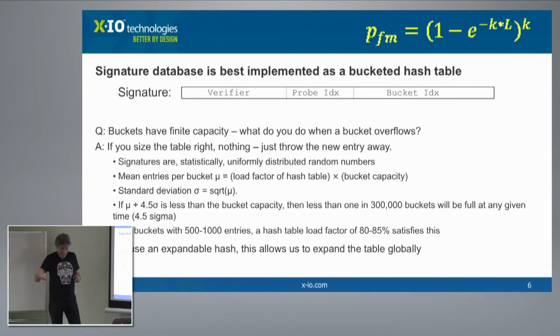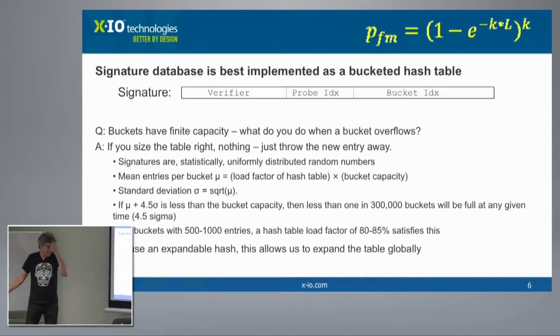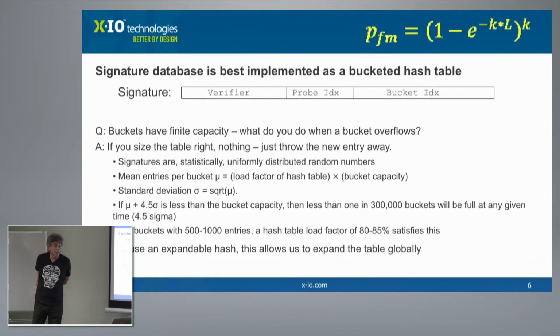For buckets with 500 to 1,000 entries, picking stuff out of thin air, that means you can actually load the buckets to 80 to 85% and still have a 4.5 sigma chance of overflowing. So we do, right?